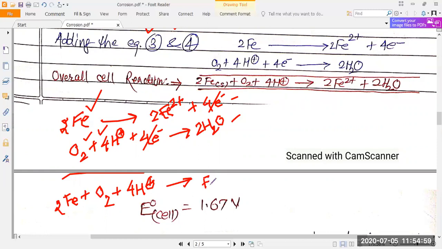So on the right hand side, 2 Fe 2 plus plus 2 H2O. This is the overall cell reaction. I hope these chemical reactions are clear to all of you.